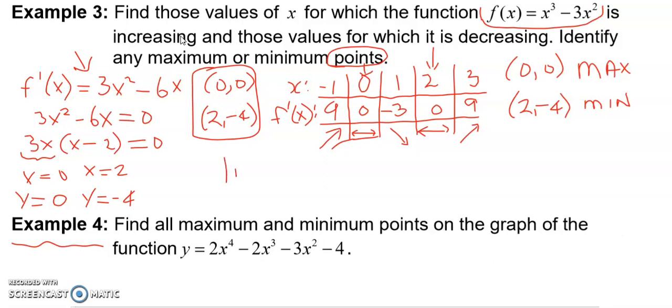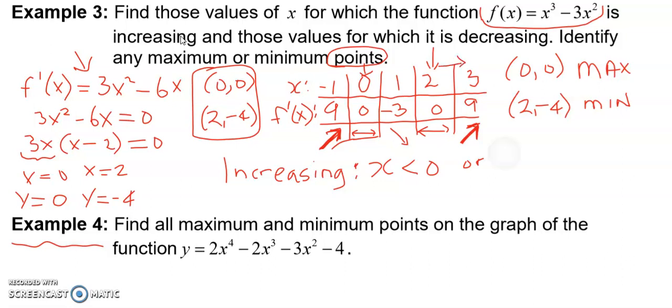So here is the answer to the main question. Where is this graph increasing? Well, it's increasing here, and that's to the left of 0. So x is less than 0, but it's also increasing over here, you see? So that would be to the right of 2. So that would be x is greater than 2.